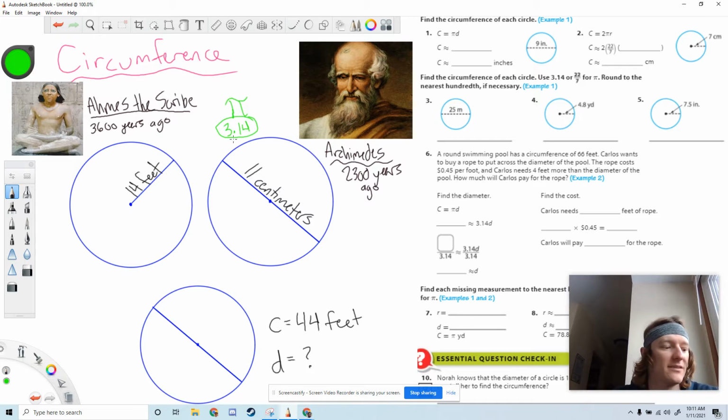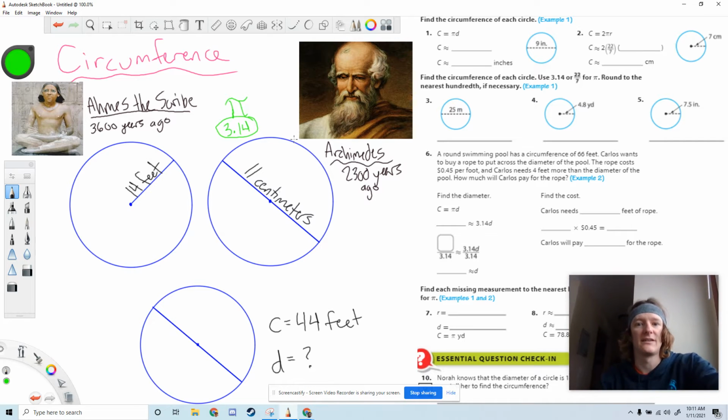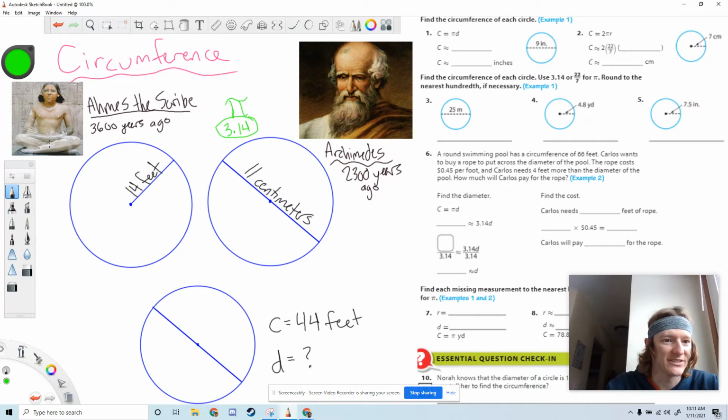Pi is a pretty interesting number in that it occurs in every single circle. And this was actually discovered and recorded by a guy named Ahmes the Scribe 3,600 years ago in ancient Egypt. So here's a little picture of him, some statues that they found in Egypt, apparently.